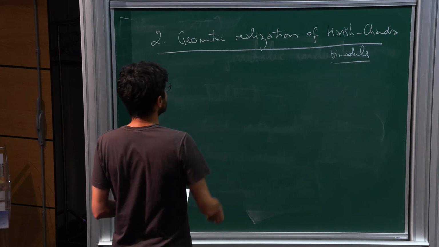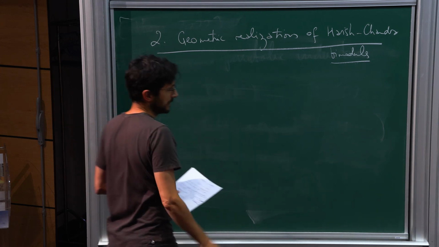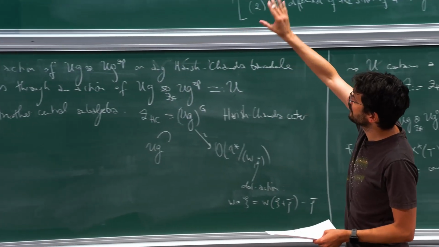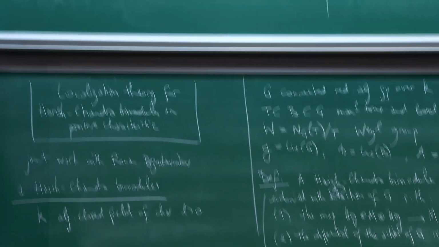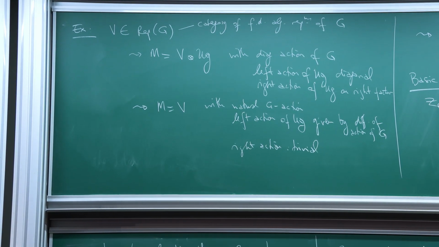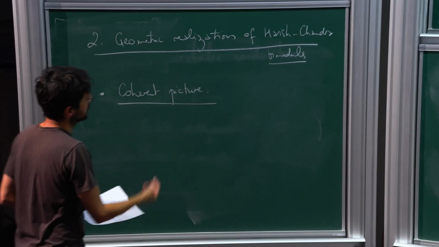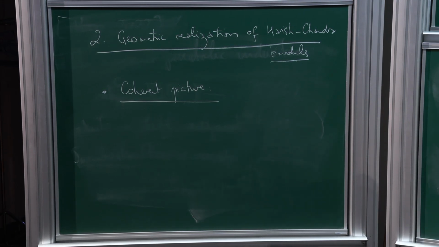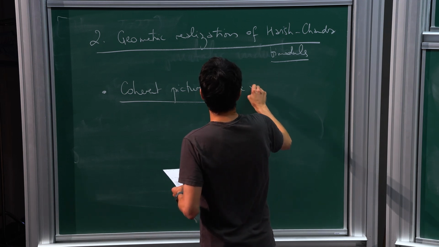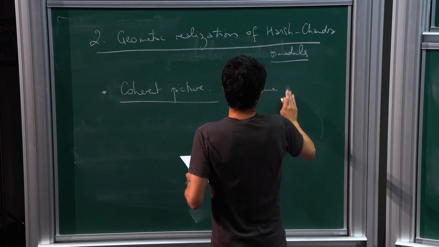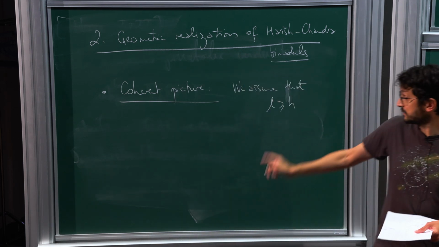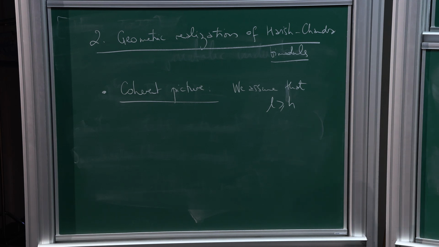So in fact, there will be two geometric realizations. The first one is really what I had in mind when I said localization theory, and this is the coherent picture. This will be a geometric way of studying Harish-Chandra bimodules in terms of coherent sheaves. And so in here we assume that my characteristic l is larger than the Coxeter number. So h is the same h as in the previous talk, so it's the Coxeter number.